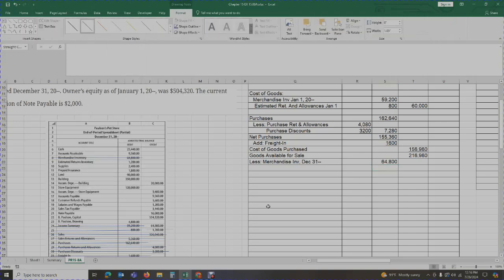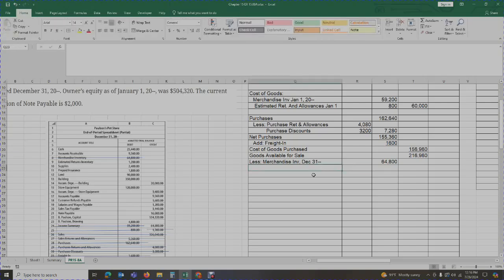We're going to do estimated returns inventory, December the 31st. We have an estimate of $1,200 that is going to be returned. So that will give me a net amount of the 64,800 plus the 1,200, which is $66,000.